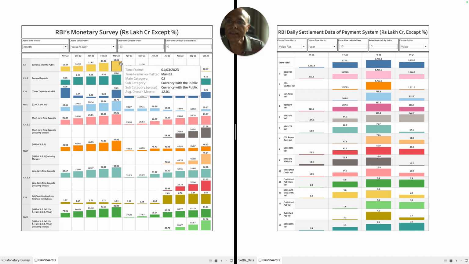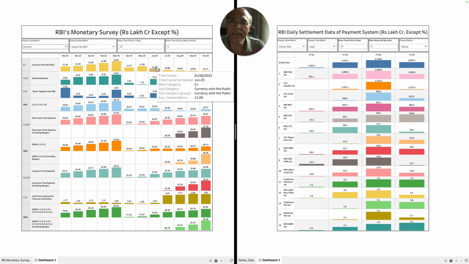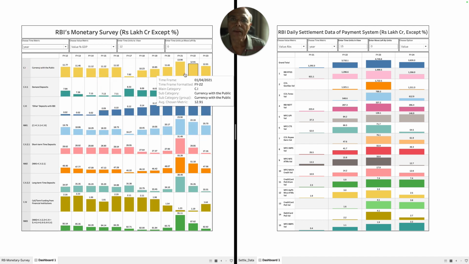So from March 23, the number was declining, right? And then in May, the number was so much, and then it basically went down, and the demand deposit actually kept on increasing. It's very clear from that. So we can understand that because of the COVID, the nominal GDP decreased, and therefore it showed up at a higher number.